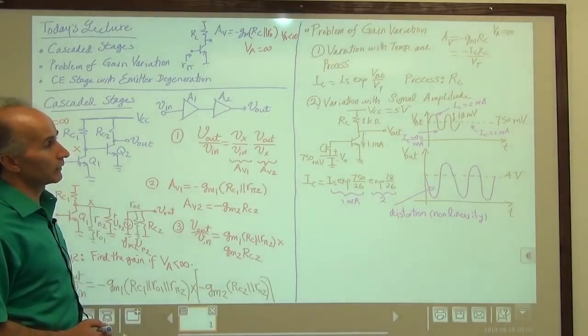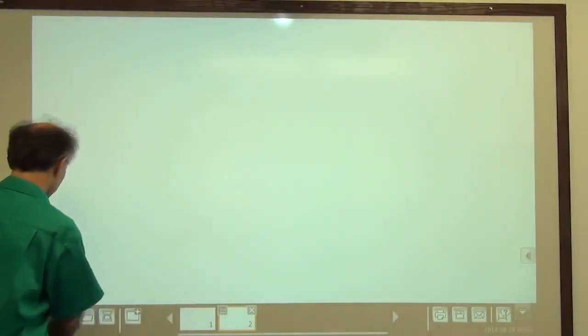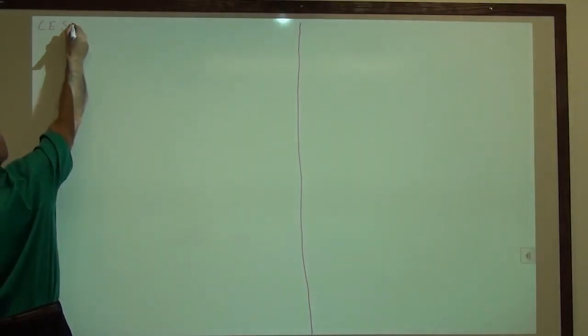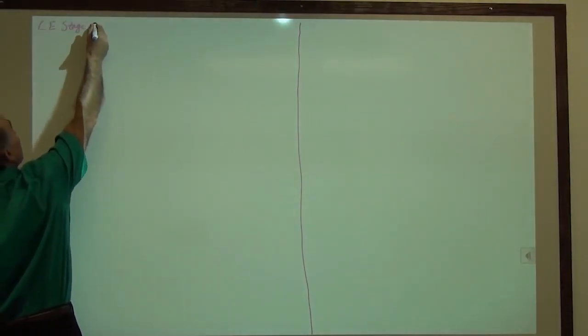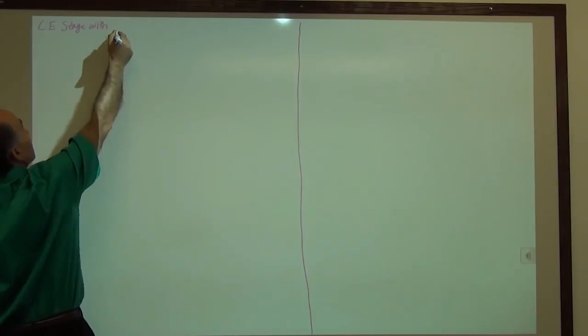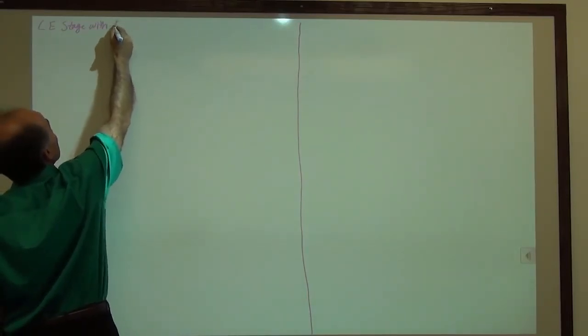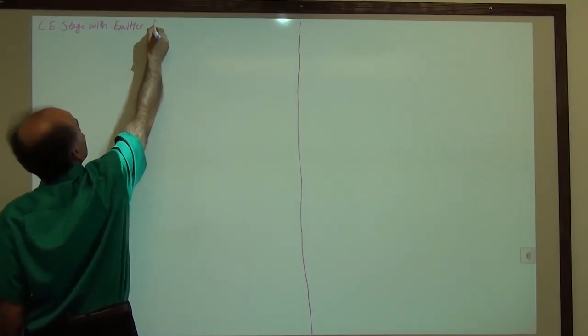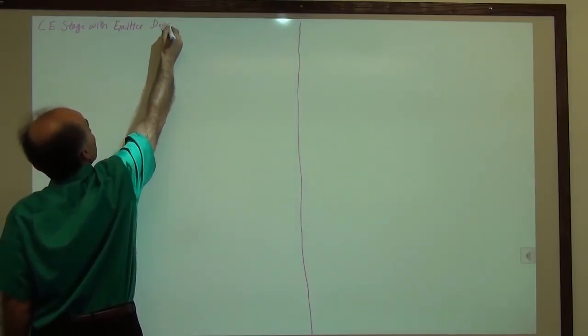It's very similar to the amplifier that we have here. So let's talk about the CE stage with emitter degeneration.